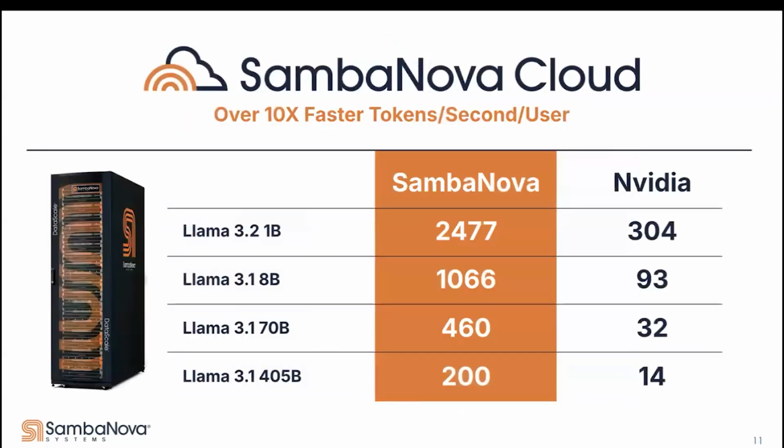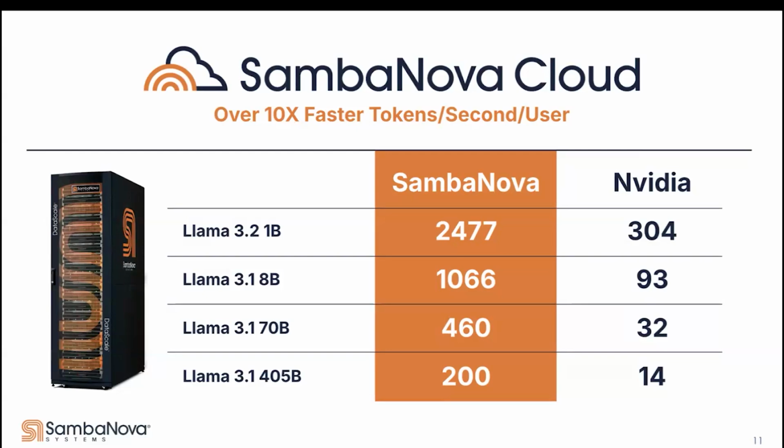This is what the chip looks like altogether as a beautiful rack. The SambaNova chips move very fast, a lot faster than NVIDIA's chips, which is a very, very big feat that we're proud of. It can be up to 10 times faster at a variety of model sizes, which is very helpful when you're running agentic flows, which deal with multiple models at various levels.